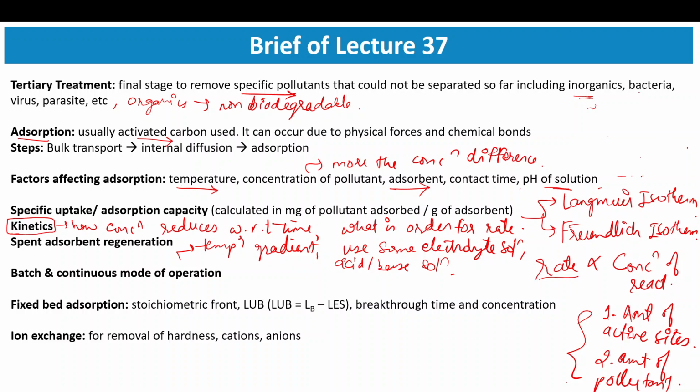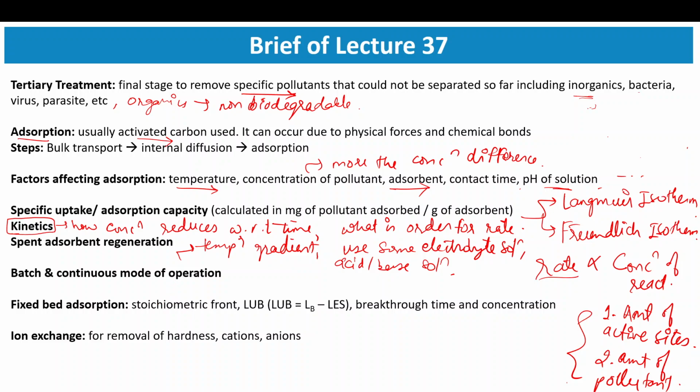Okay, so the pollutant from that active site is removed and it can be further used to remove more pollutant, right? Now the adsorbent that we use can be operated in two modes. One is batch mode and another is continuous mode.